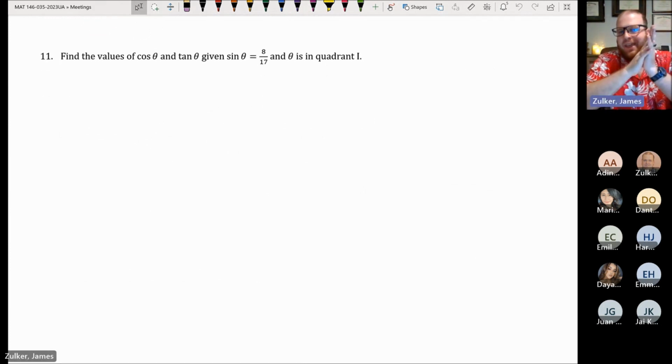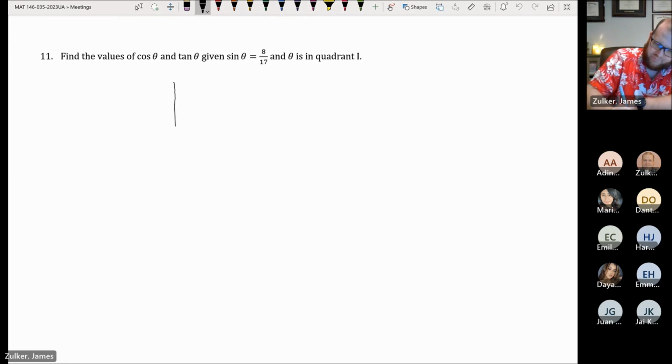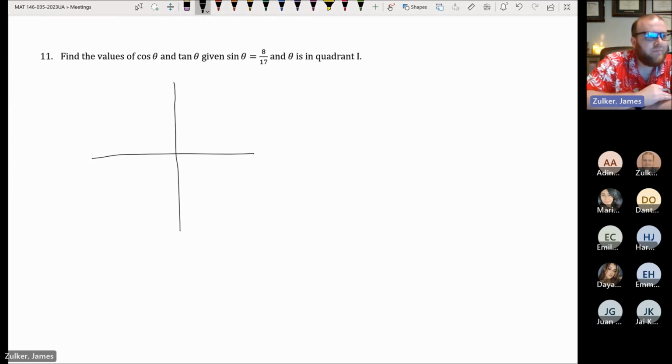Find values of cosine and tangent given sine is 8 over 17, and we're located in quadrant 1. Say, there's our point.